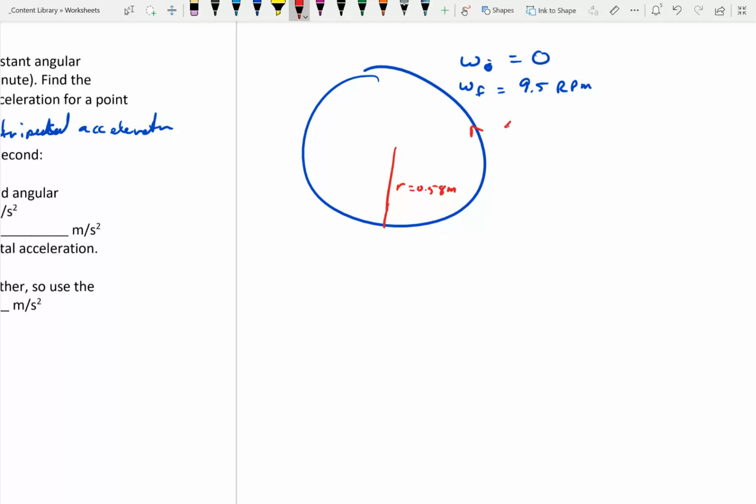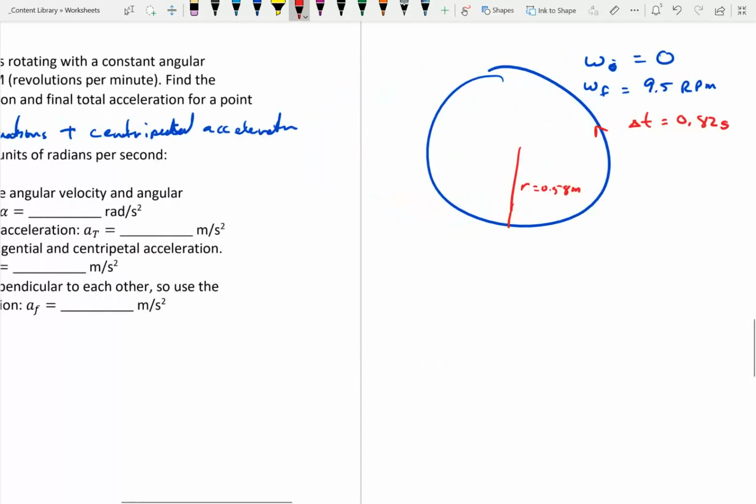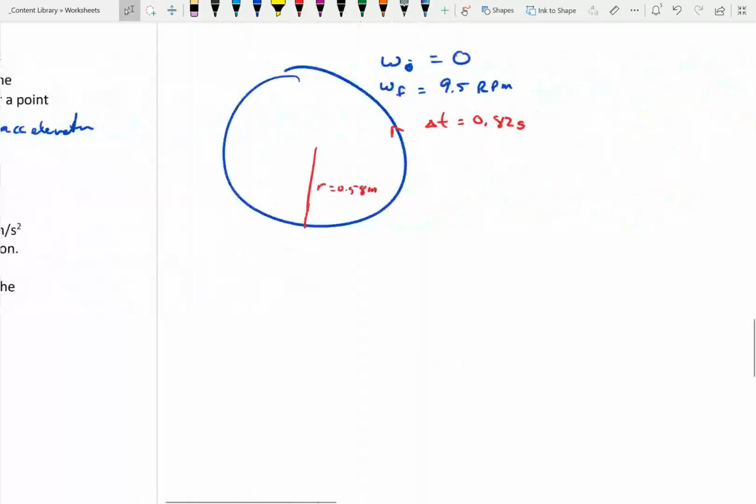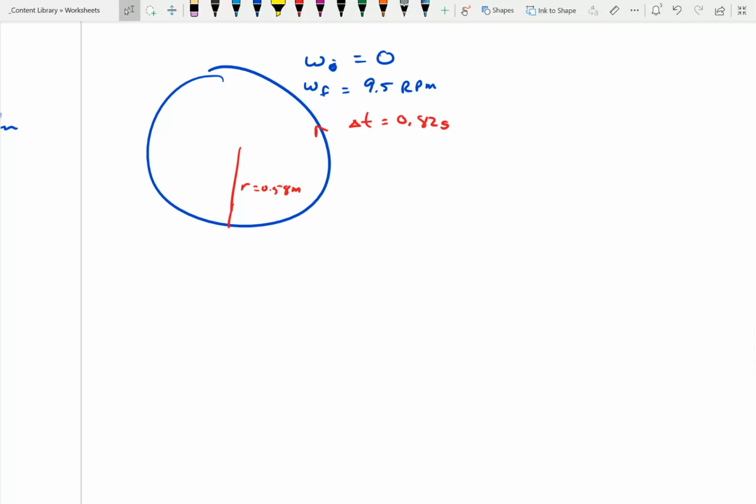And we have delta t is equal to 0.82 seconds. And those are all our numbers. So now that I have my problem written out, I can do the first thing. Revolutions per minute to radians per second.